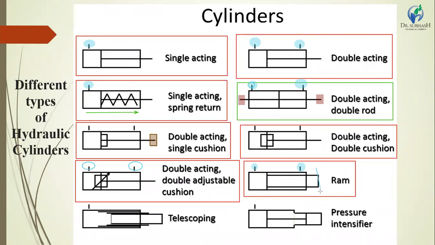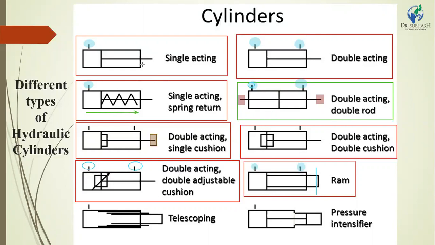This is the ram condition, and we push, press and carry the load from the bottom side to the top side. We can also say it creates a higher pressure. It is also machinery used as a ram. It is one type of hydraulic cylinder, but here we attach the ram inside the cylinder. In a normal cylinder we attach a piston with a rod, and here it is a piston with a ram, creating higher pressure and load.